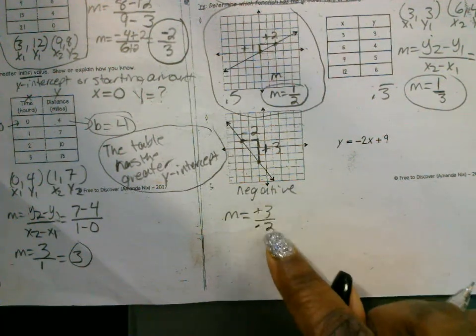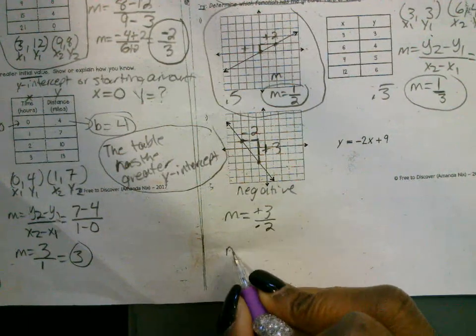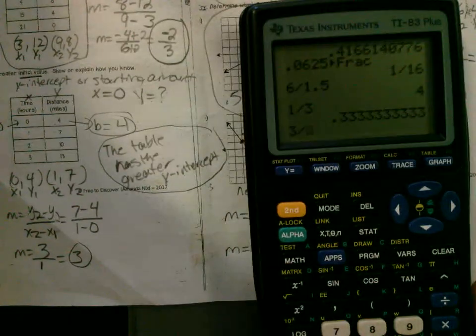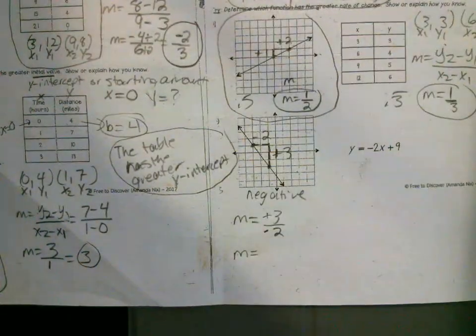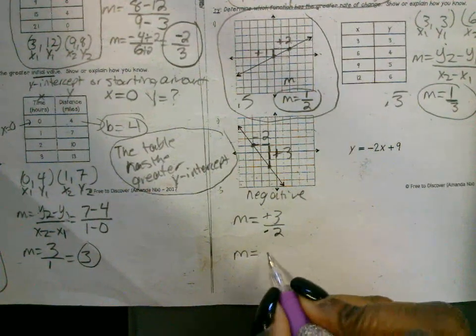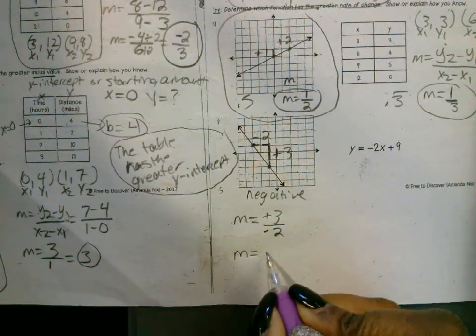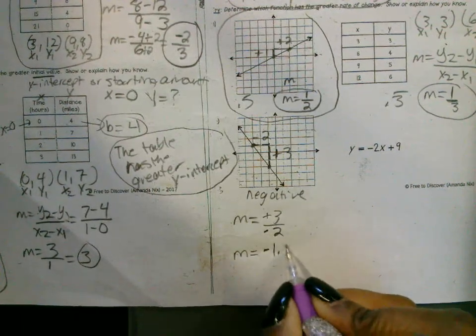So let's divide and see what decimal we get here so we can compare. 3 is the numerator divided by a negative 2. Type it in. What decimal is that? Negative 1.5.